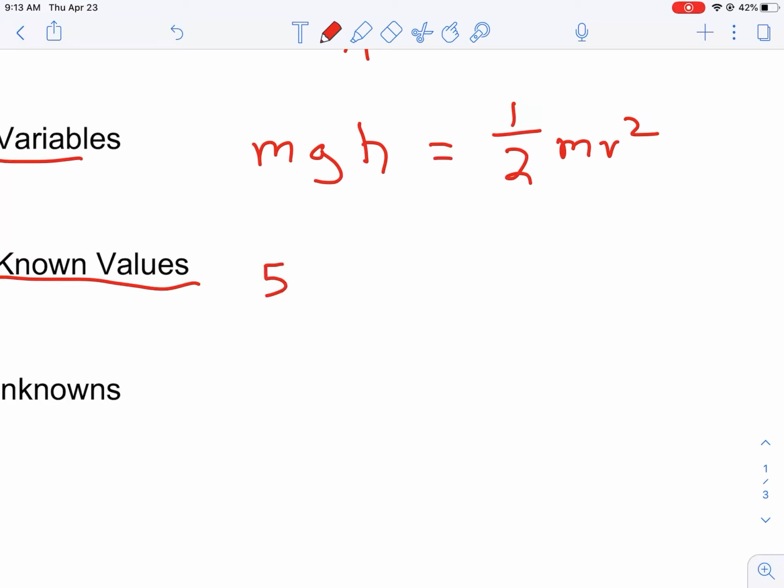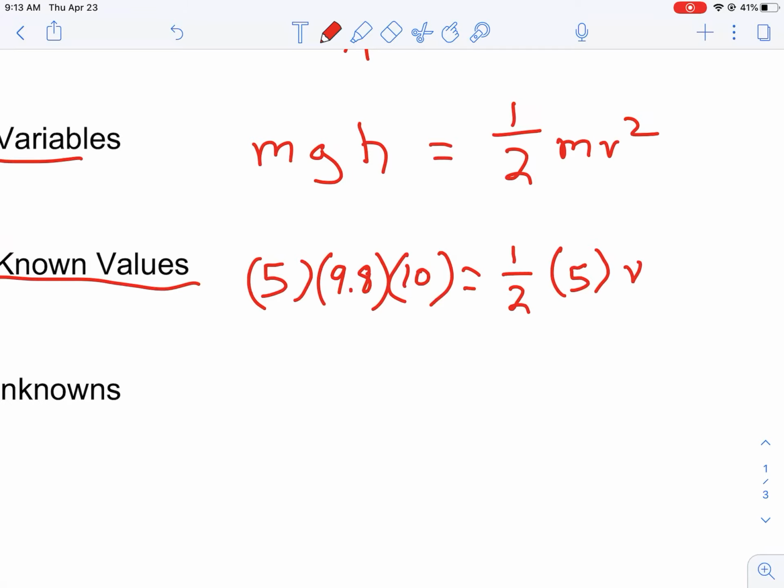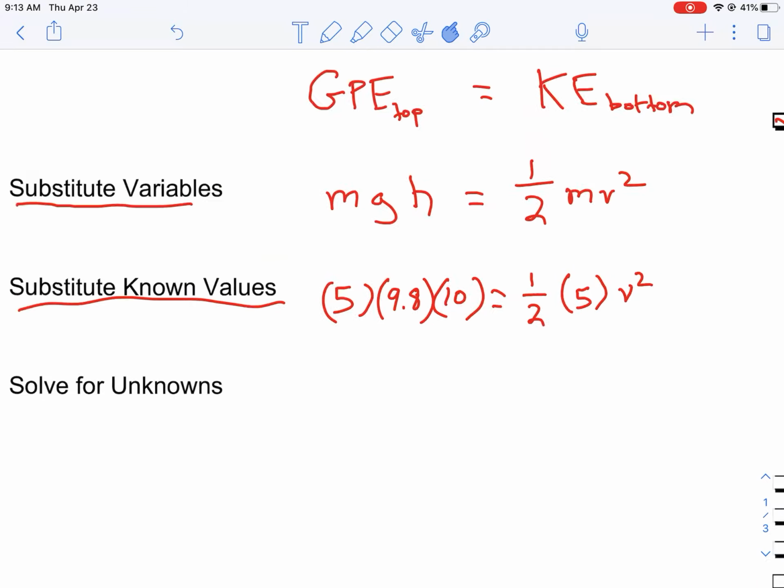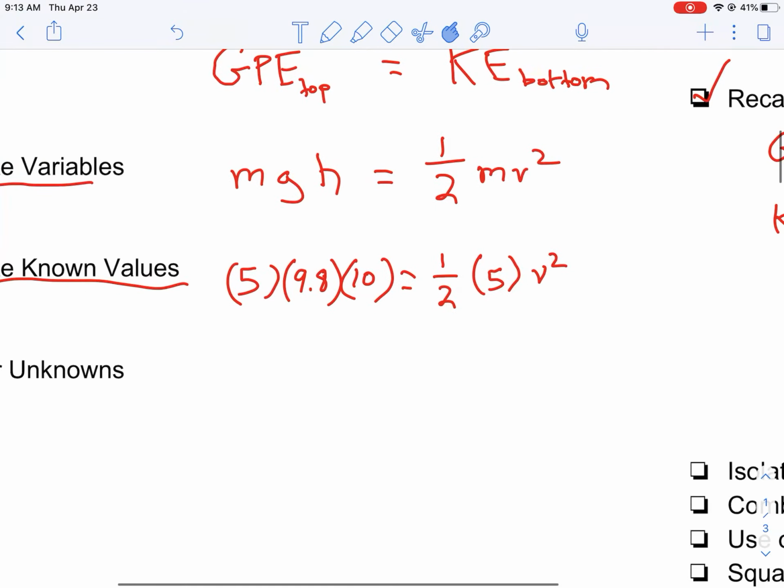We're just going to substitute everything that we know. So we know that the mass is 5. The acceleration due to gravity is 9.8 meters per second squared. And the height is 10 meters. Easy peasy. We just substituted in what we know. Times 1/2 times the mass, which is 5, times v squared.